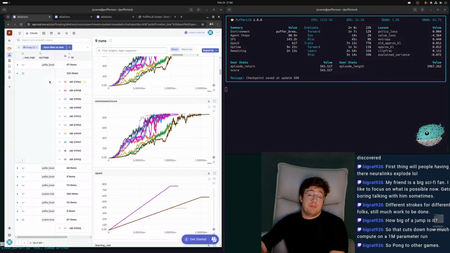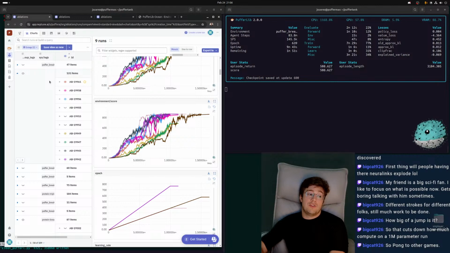Pong to other games, maybe Pong to other sims entirely. You cut out, I think, probably the second and the third most fiddly hyperparameters in RL.